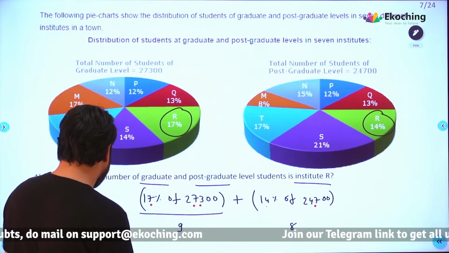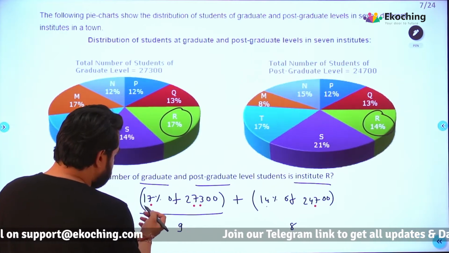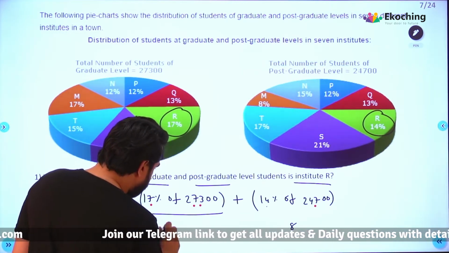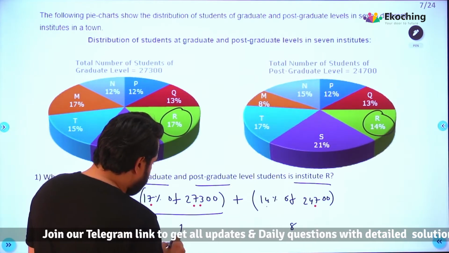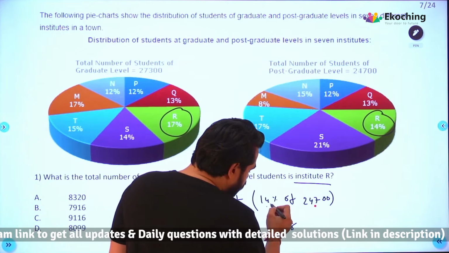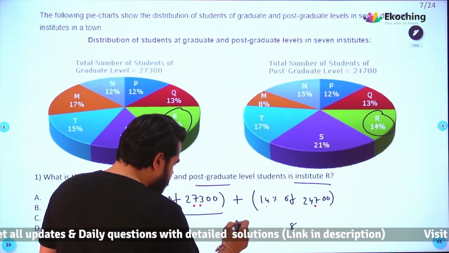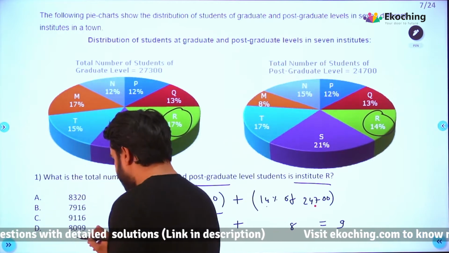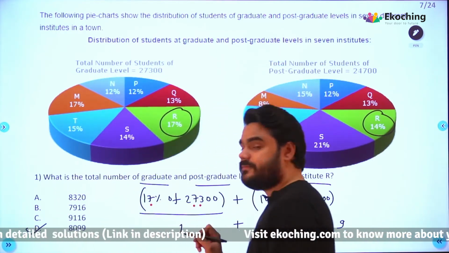Right? So this ends in, so 17% of 273, 1. Oh, I made a mistake. It should be 1 here. Yeah, not 9. 7 into 3, 21 ka 1. 4 into 7, 28 ka 8. 1 plus 8, that gives me 9. So the last digit has to be 9 and my answer has to be 8099.